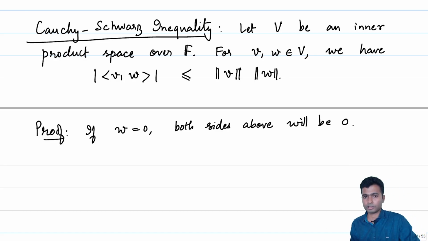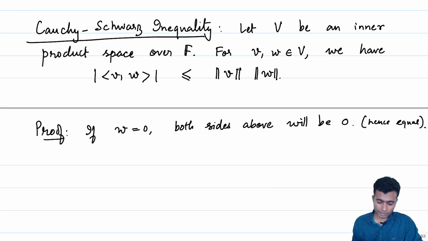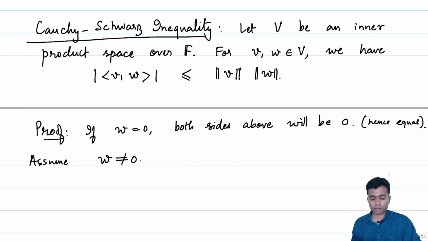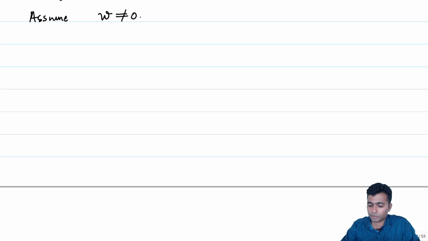There is nothing to prove, it is just equality then. So in particular the inequality is satisfied. So assume that W is not equal to 0. We may assume without loss of generality that W is not equal to 0. The case when W equals 0 has already been settled.